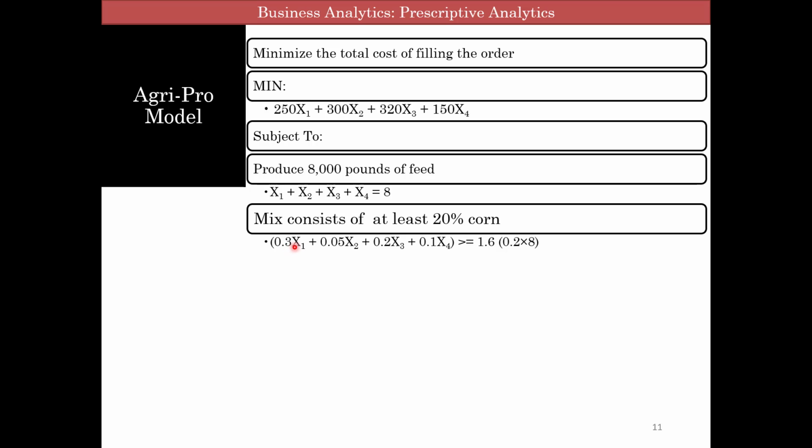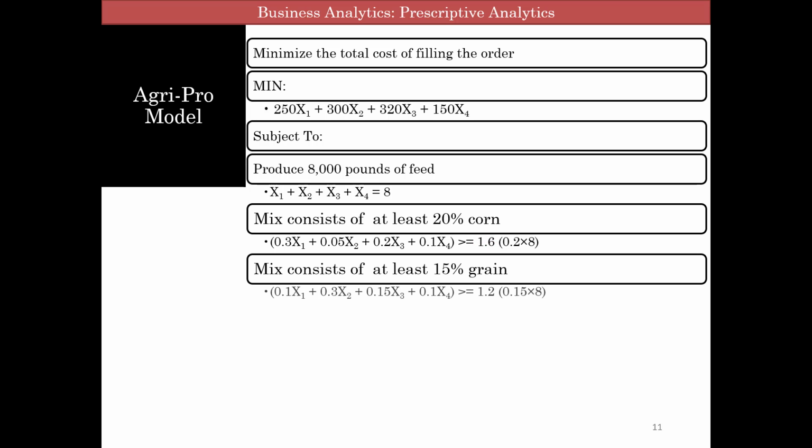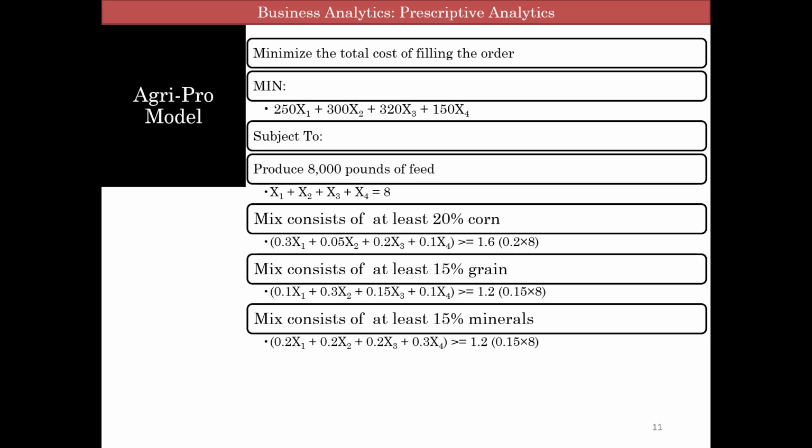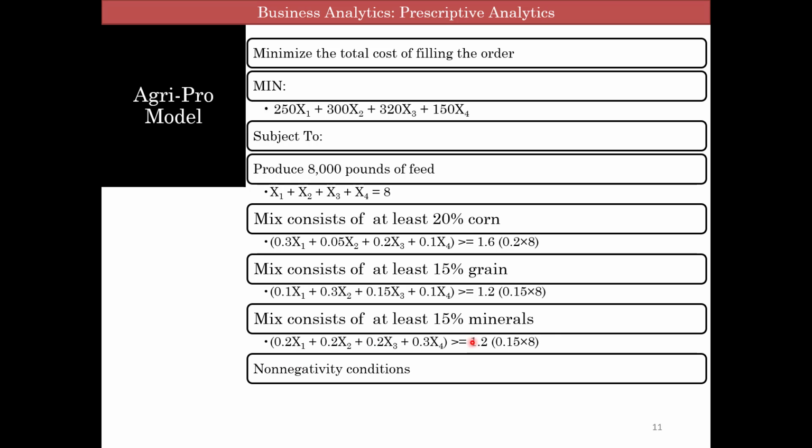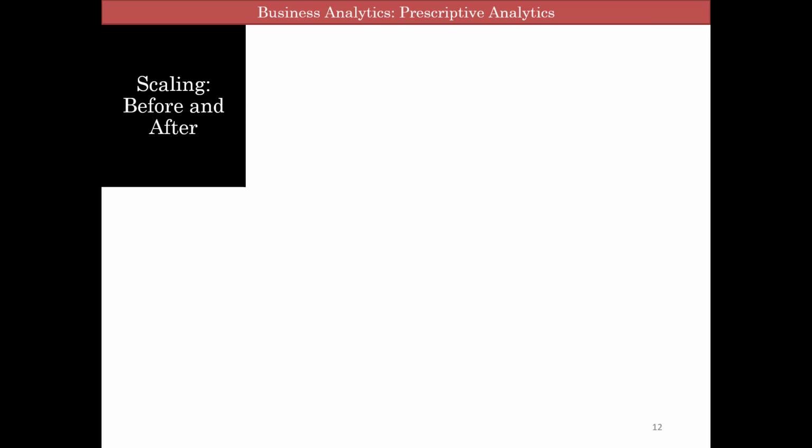So now these are in thousands, right? The percentages remain the same. However, this will become 1.6, right? And again, 15% grain. So now when these values are not divided by 8,000, they're divided by 8. Those are larger numbers. They're more reasonable numbers, and Excel works a lot better.